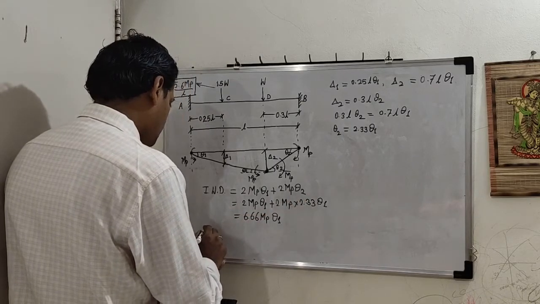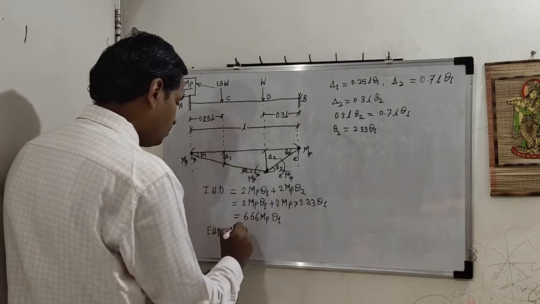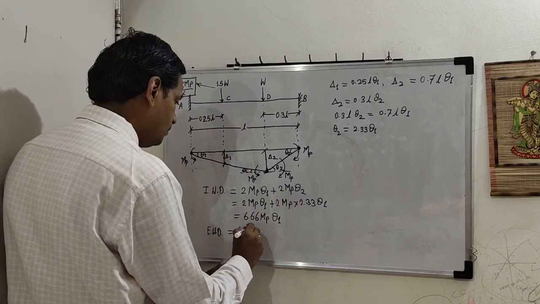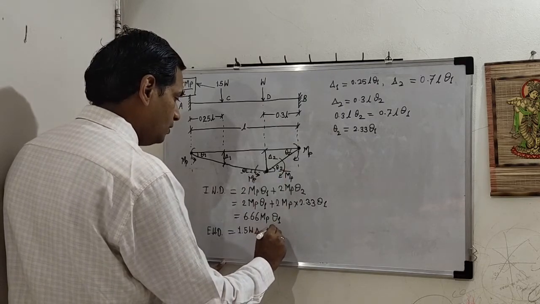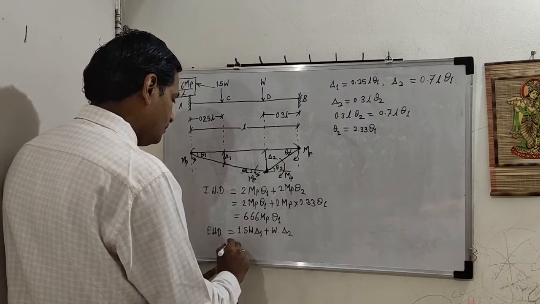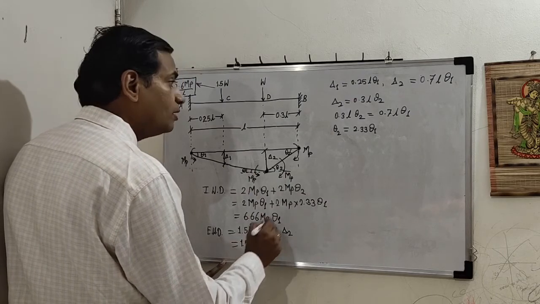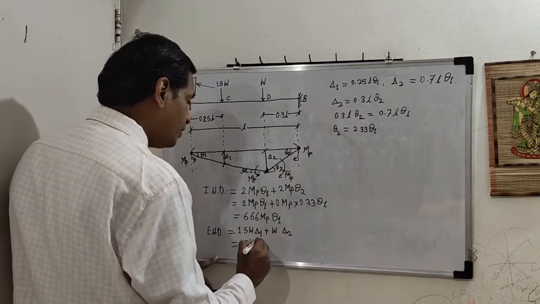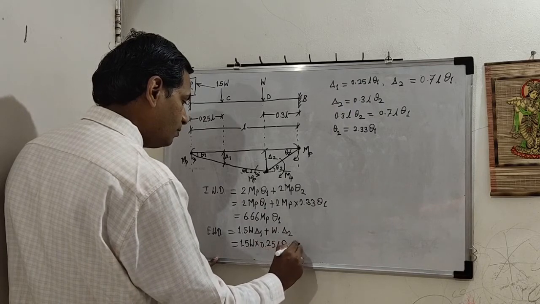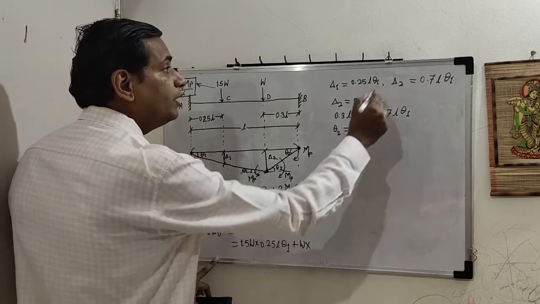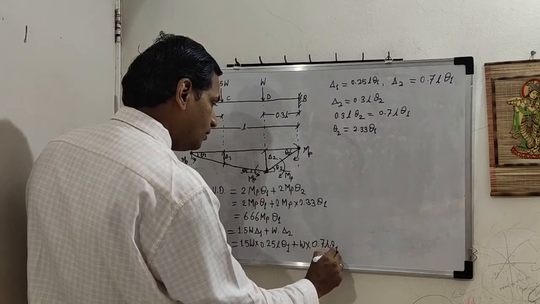Okay, now external work done. What is external work done? 1.5 W into delta 1 plus W into delta 2. So 1.5 W, what is delta 1 in terms of theta 1? 0.25 L theta 1, plus W into delta 2 in terms of theta 1, which is 0.7 L theta 1.